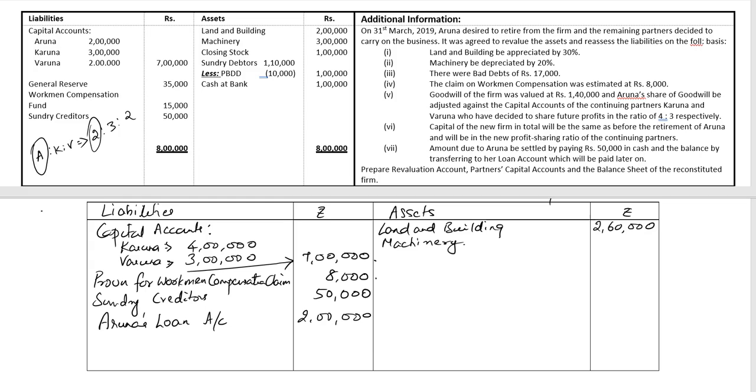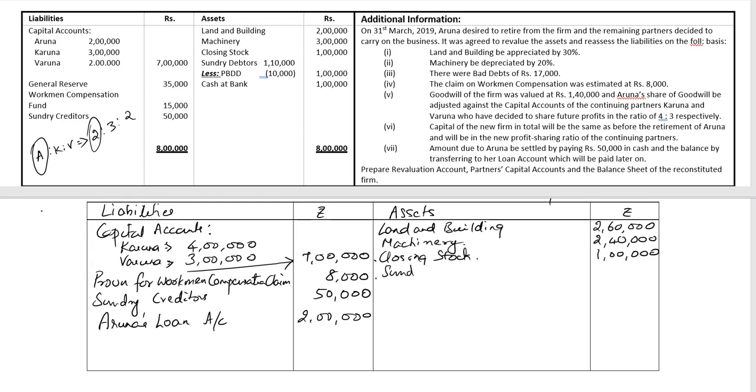Book value 3 lakh. We reduced it by 20% or 60,000 rupees. So now the current value is 2 lakh 40,000 rupees. Closing stock remains at 1 lakh. There is no change in value.